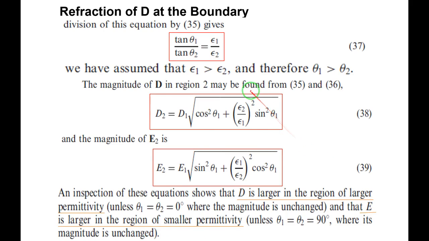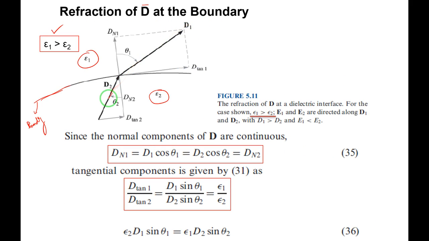You can observe here the electric flux density in region 2 is making angle theta 2 with respect to Dn2, right? And in the region of permittivity epsilon 1, it is making angle theta 1 with respect to the normal component Dn1, right? This is D1.